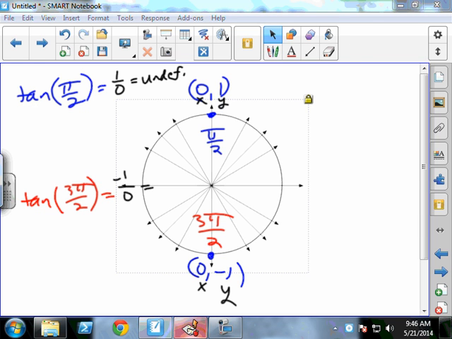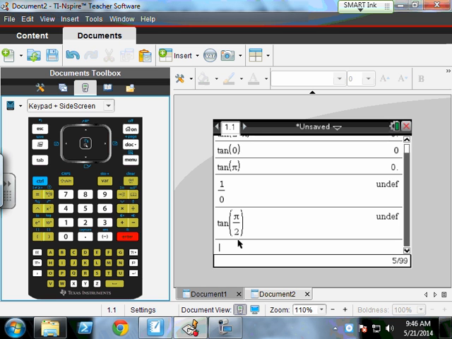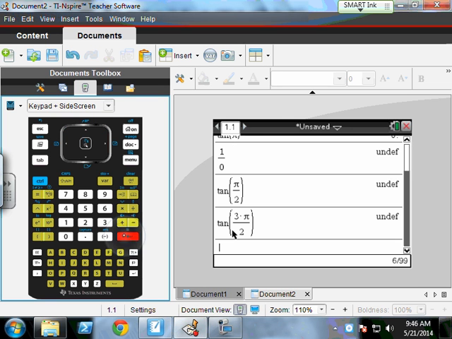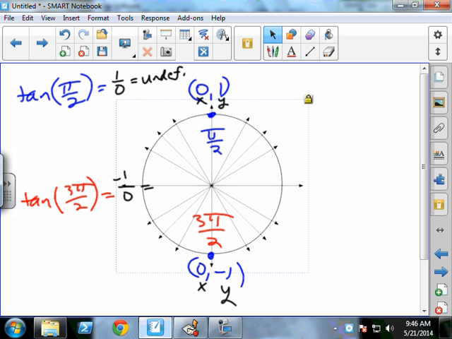Check it out, tangent of 3 pi over 2 is undefined again. So just to reiterate, anytime you're 180 out, across the way, North Pole to South Pole, East Pole to West Pole, the tangents are the same.